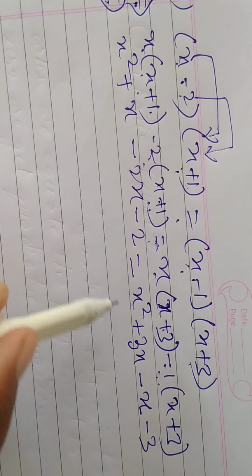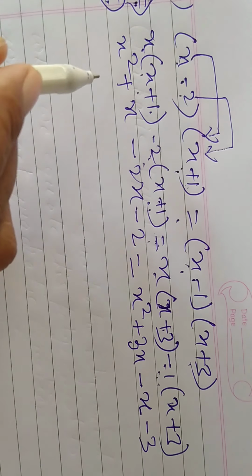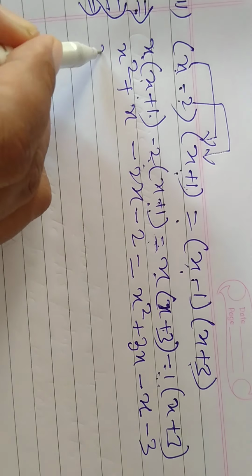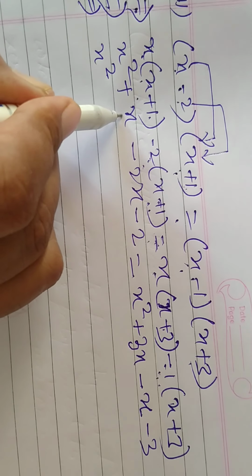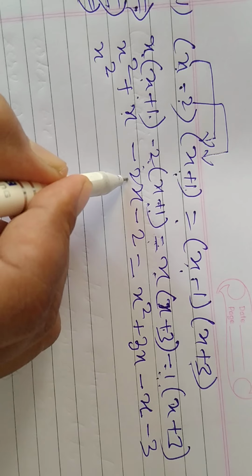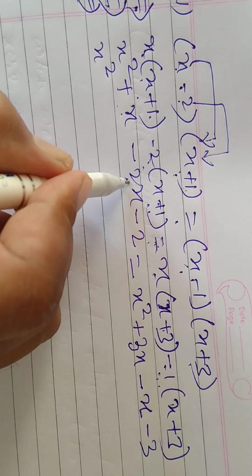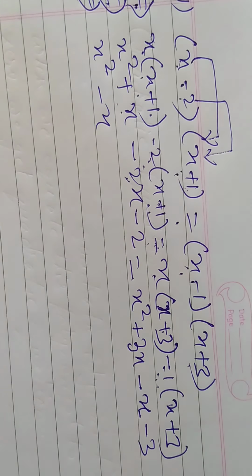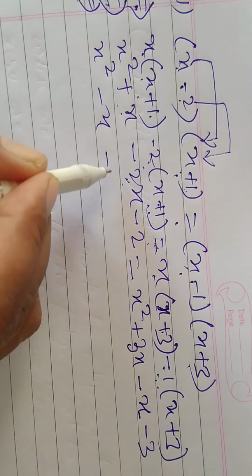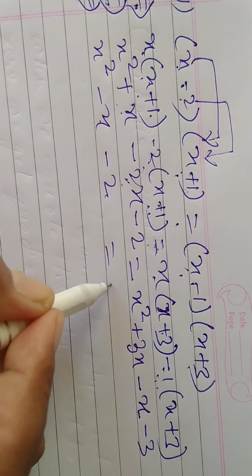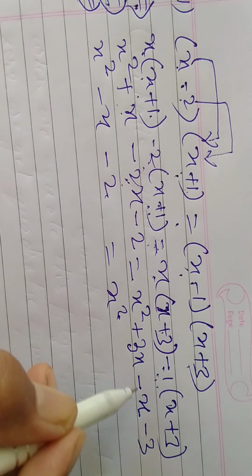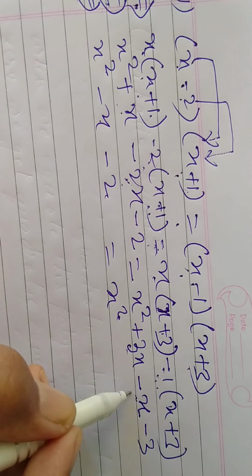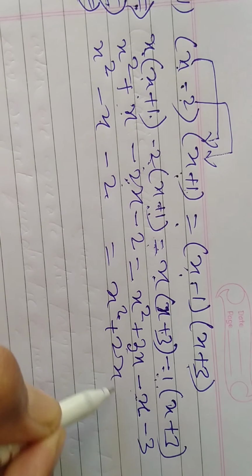After that we can simplify again. x² + x − 2x, so x − 2x gives −x, −2 equal to x² + 3x − x, that is plus 2x, −3.